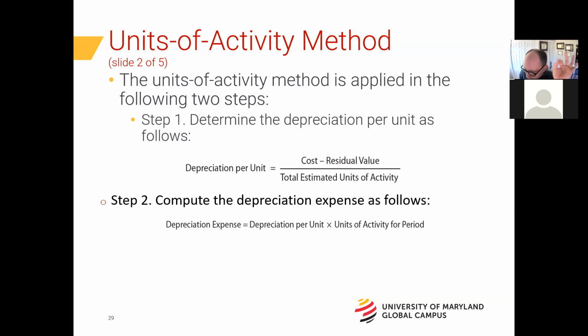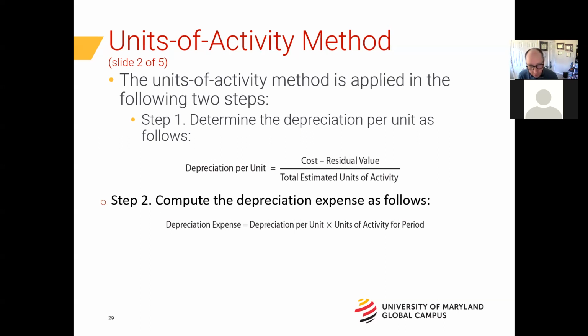So 24,000 minus 2,000, 22,000. We're still using the forklift. Divided by the total estimated units of activity, the total number of hours I plan to use the forklift. That can also be derived from the industry standards or from the IRS.